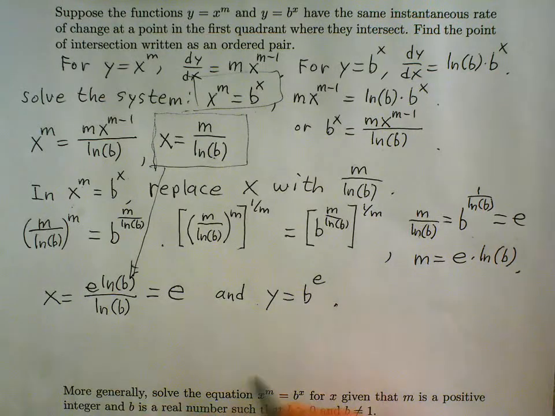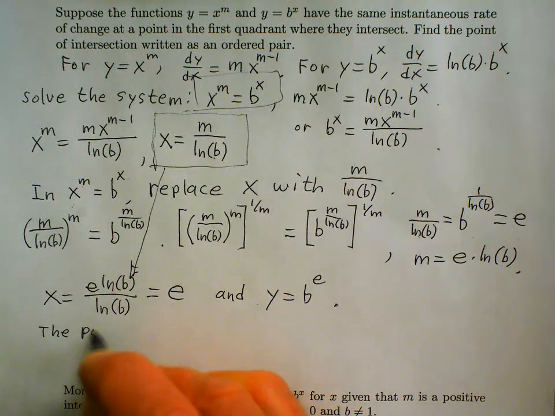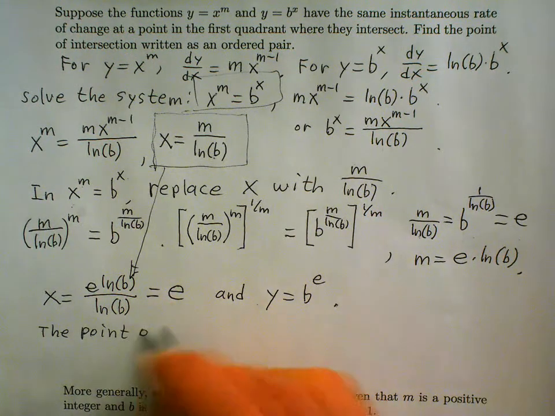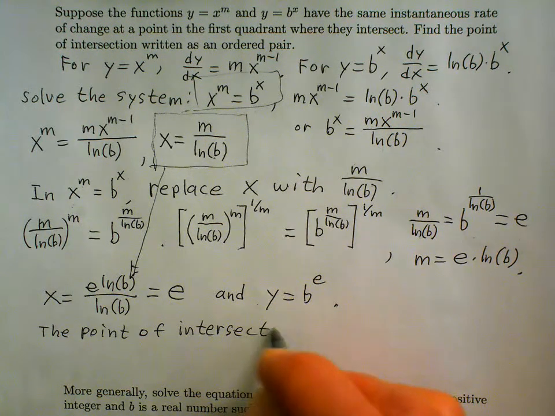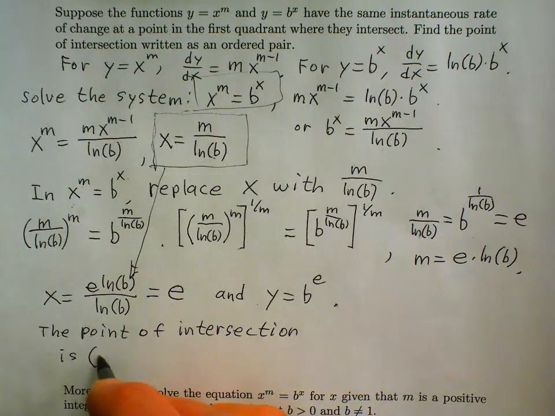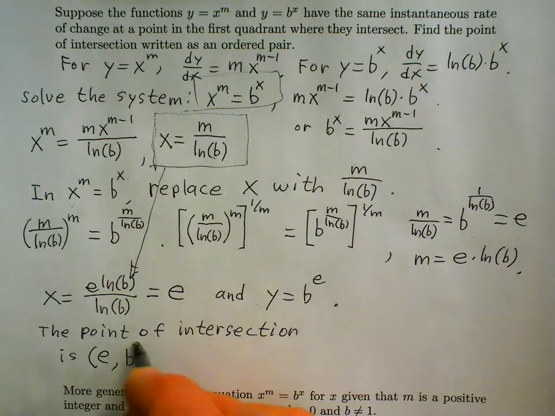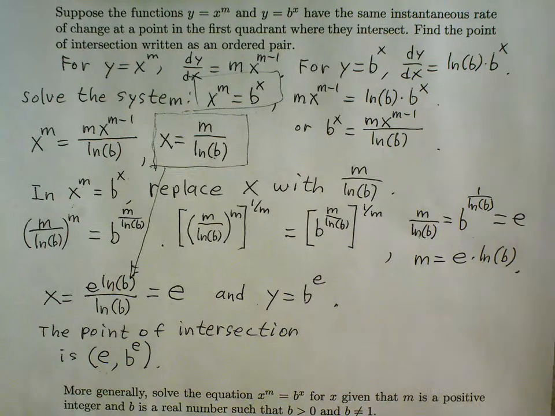Okay, so as an ordered pair, the point of intersection is the ordered pair e, b to the e. The x-coordinate is e, the y-coordinate is b raised to the exponent e.